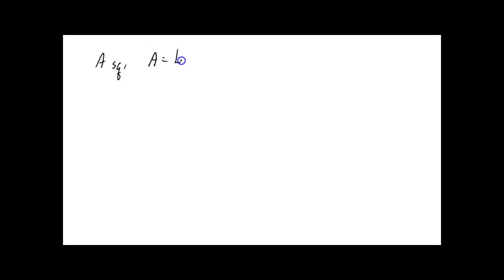A is equal to LU. What in the world is LU? Okay, well, L is also a square matrix, and by the way, the same size as A, okay, but what that means, it's a lower triangular matrix. That's what the L stands for. Lower triangular.